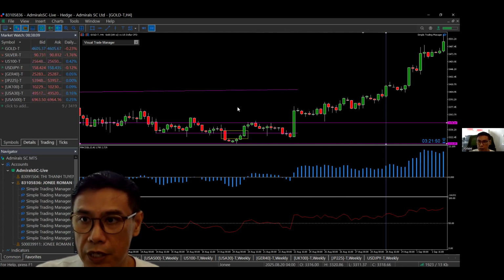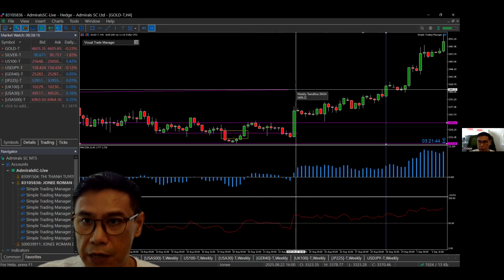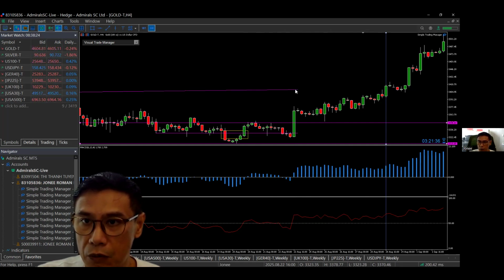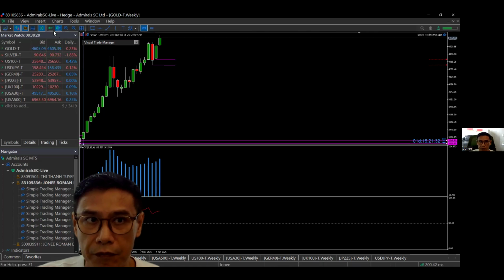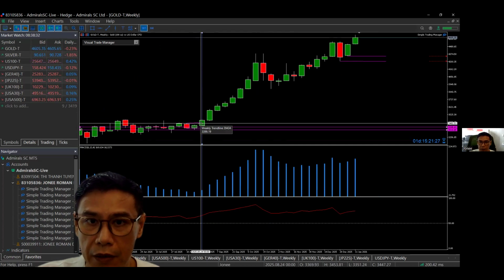So here's what you need to do. After your entry, you already have your stop loss. You mark your take profit at this level right here. Once your first take profit is reached, what do you need to do? What you need to do is go back to your weekly time frame and wait for this weekly candle to close.